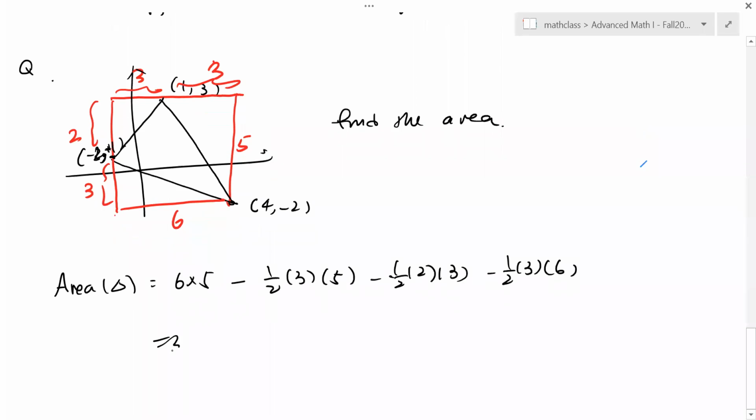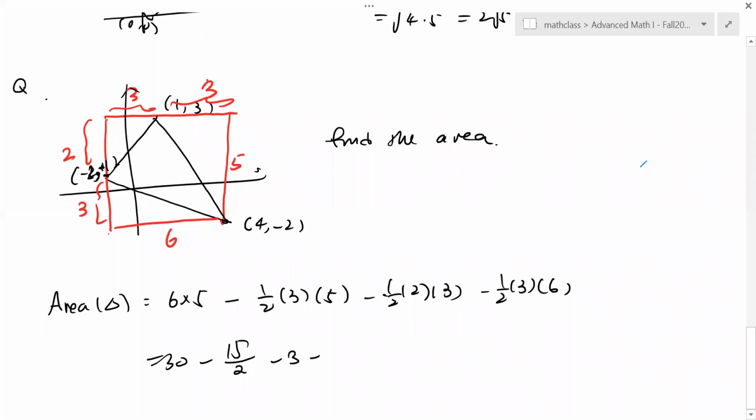So let's see, 30 minus 15 over 2 minus 3 minus 9. It's 10.5. Yeah, 10.5 should be the correct answer.